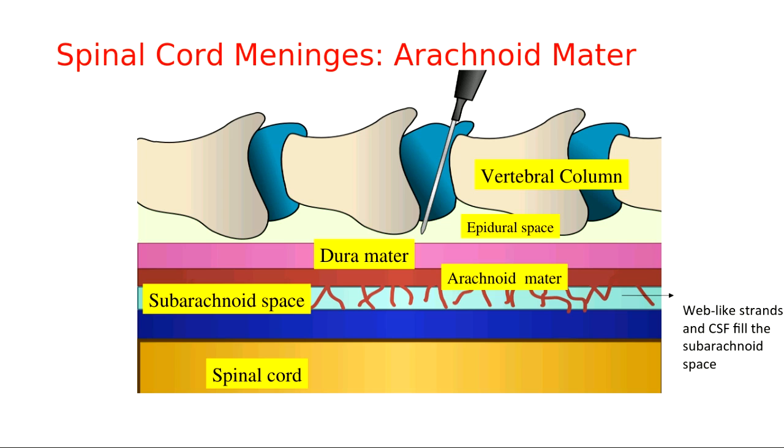It's typically done in the lumbar area where the intervertebral spaces are bigger and there's less chance of damaging the spinal cord. So the needle will go through the intervertebral space, pass the epidural space, pierce the dura mater, pierce the arachnoid mater, and go into the subarachnoid space where it will retrieve CSF.